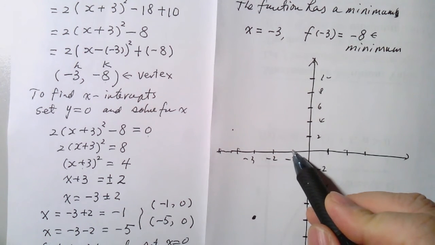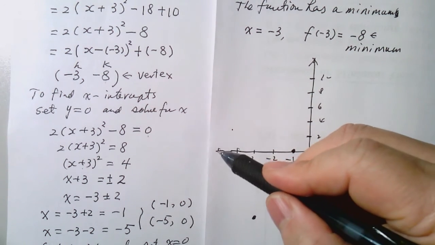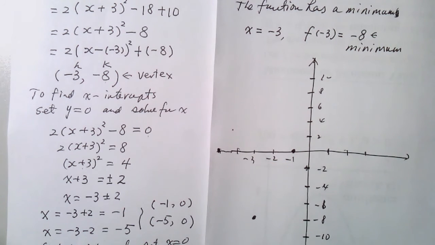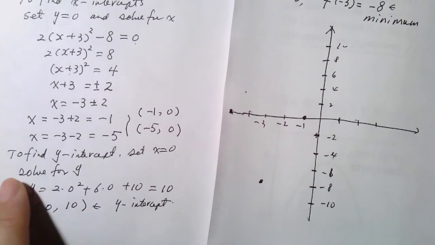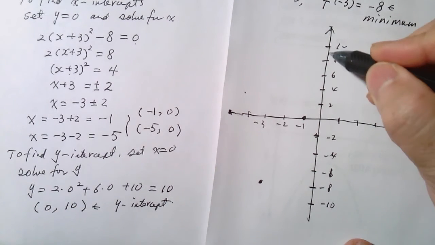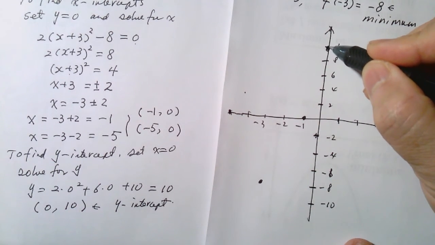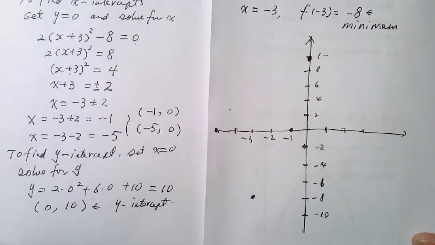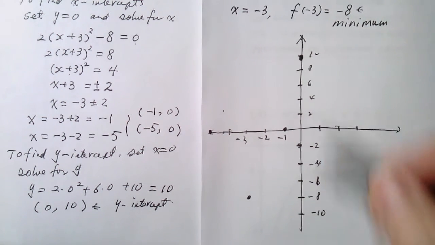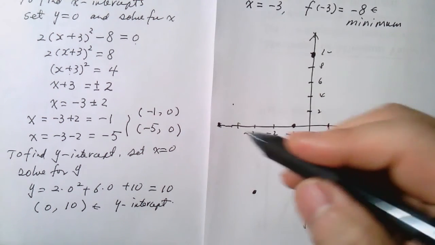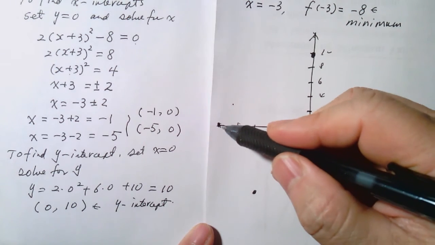Negative 1, 0 is here, and negative 5, 0 is here. And also the y-intercept, 0, 10, is here. So now we have those points. Now we can sketch the graph, just connecting those points.